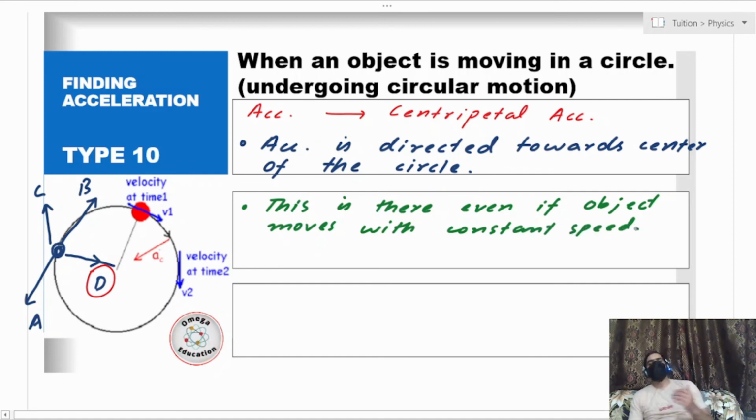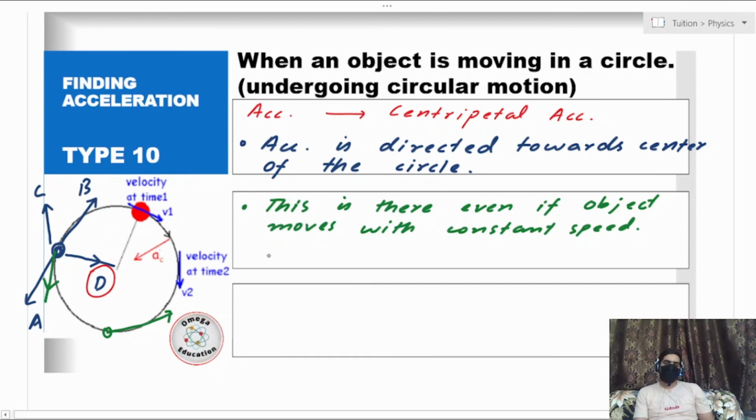Because acceleration is defined as the rate of change of velocity. And I said that we can assume that acceleration equals rate of change of speed, provided the object travels in a straight line. The direction of the motion does not change. But when the object is moving in a circle, its direction changes at every point on the circle. So that's why the acceleration exists even if the object moves with a constant speed.